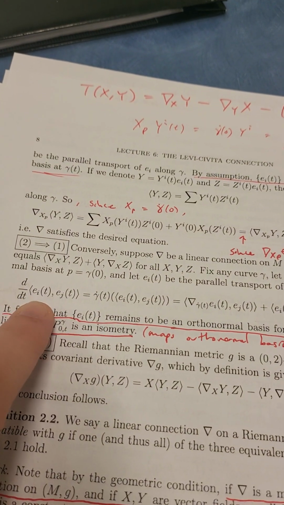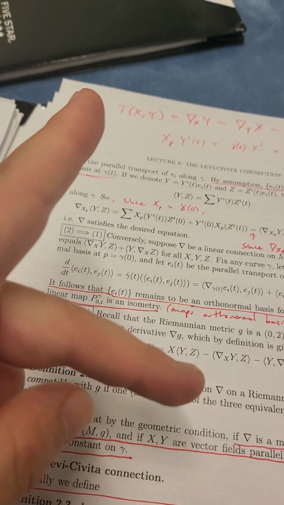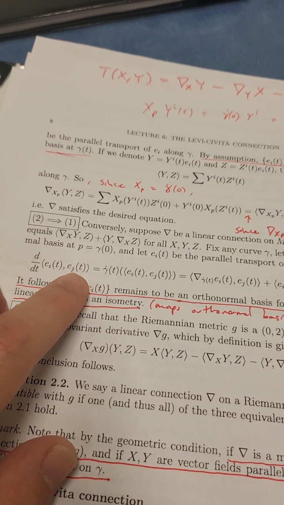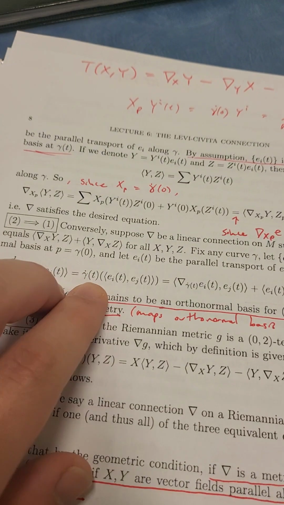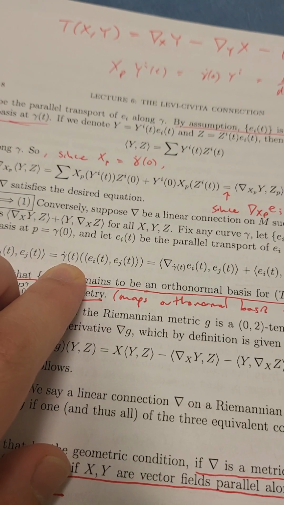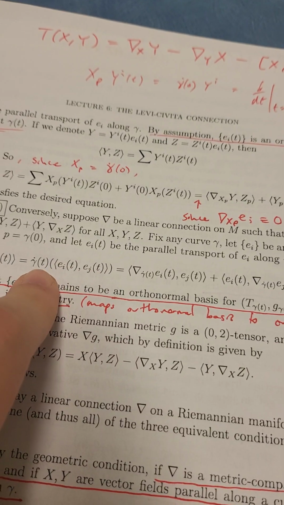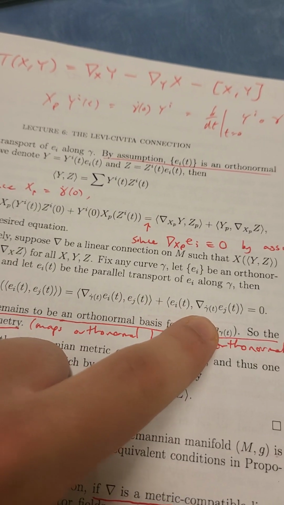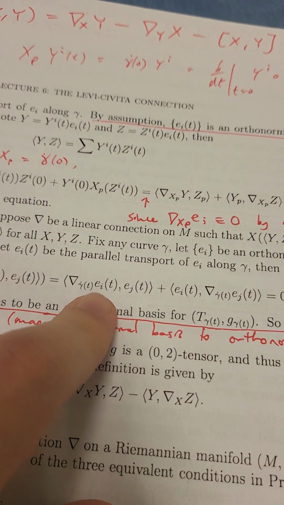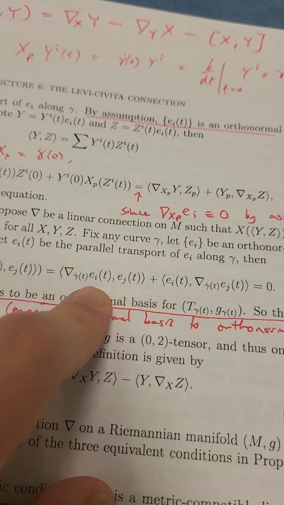If we take the derivative of the inner product of two of these orthonormal basis vectors as they're being parallel transported, okay, we recognize this is just the directional derivative in the direction gamma prime of the inner product of e_i and e_j, and then we can use metric compatibility, expand this in terms of the product rule, okay, and then by definition these are being parallel transported, so their covariant derivative in the direction gamma prime is 0.